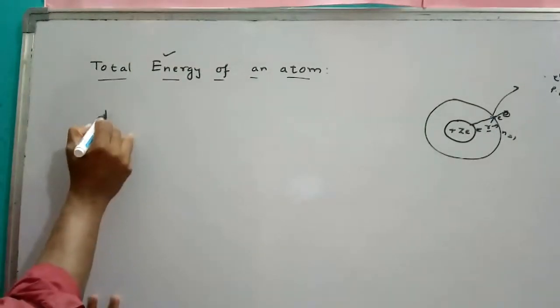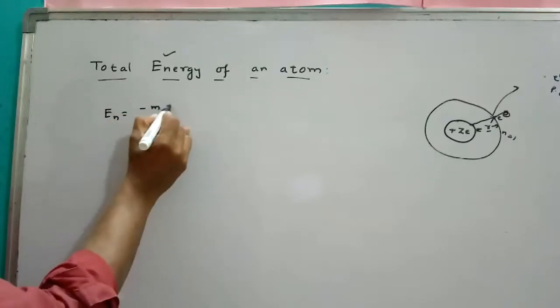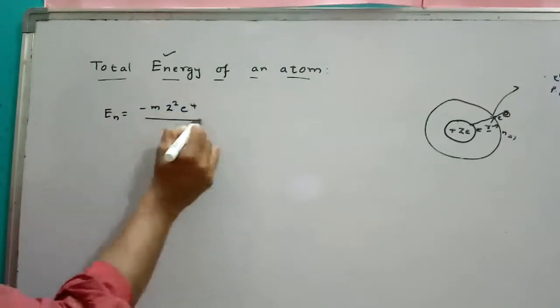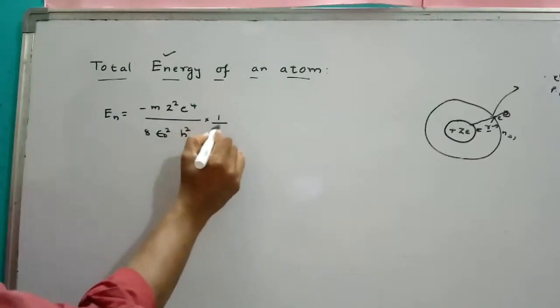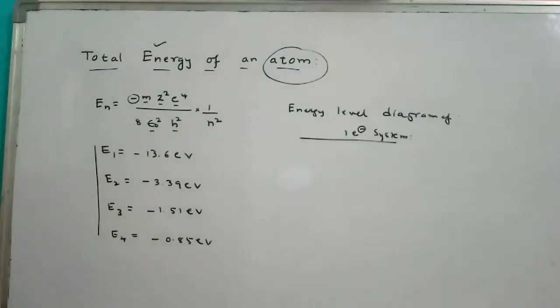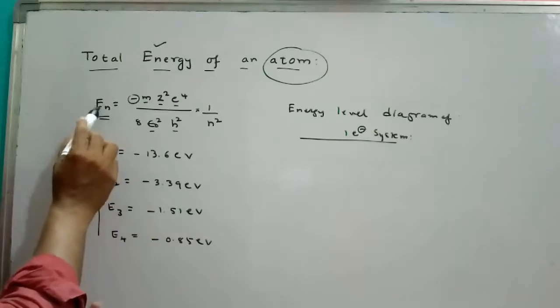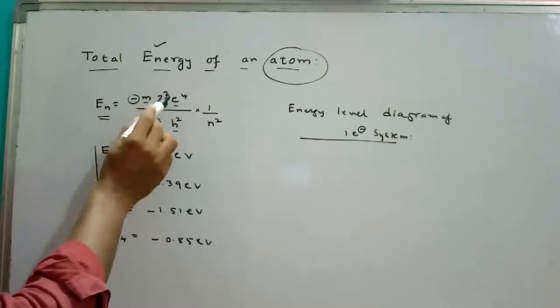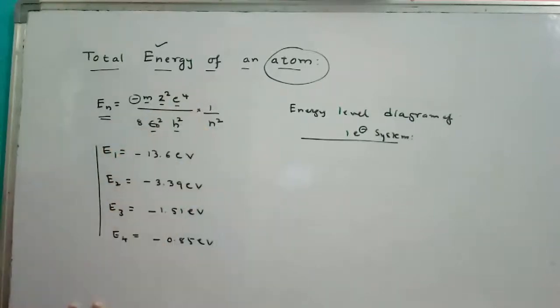Here nth orbit energy is equal to minus m Z square e power 4 by 8 epsilon naught square h square into 1 by n square. So now we discuss the different orbit energies.